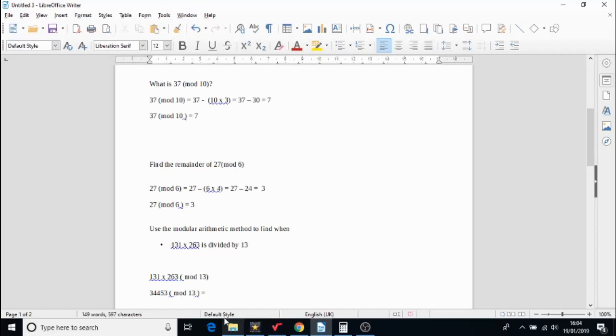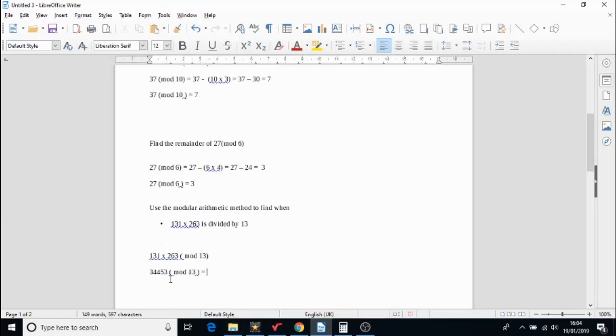So if you don't know your times tables now, I know that's a big number. How are you going to figure out the remainder when you put the highest multiple of 13s into 34,453? This is where you might be familiar with the method of chunking.